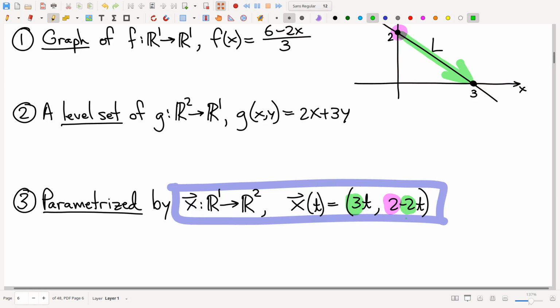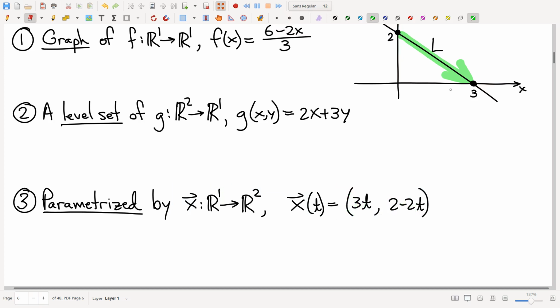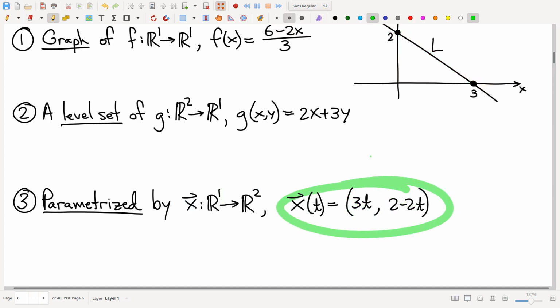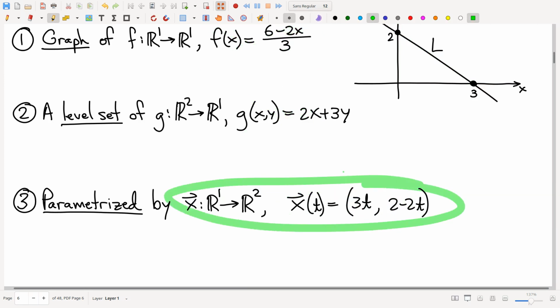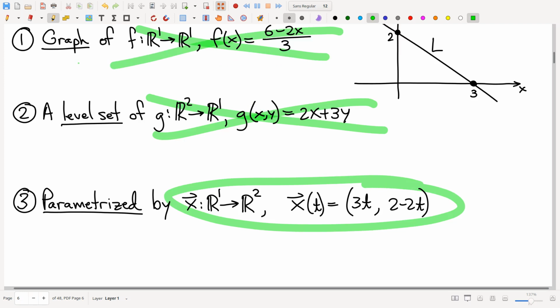But again, I emphasize this is a very different function from the ones that we've seen previously. It's not at all the same. So, no surprise, we're going to see a calculus of parameterizations, which will be different from the calculus of level sets, which will be different from the calculus of graphs.